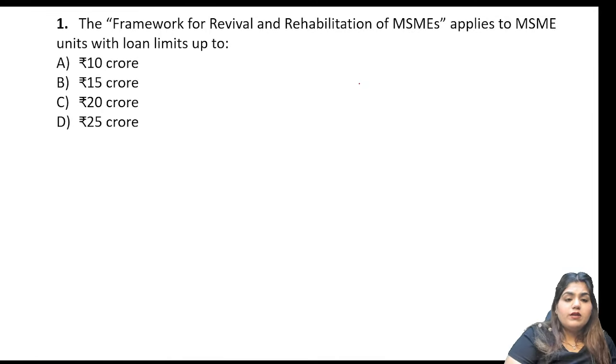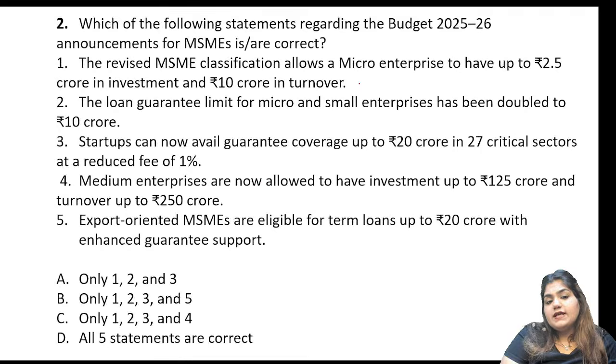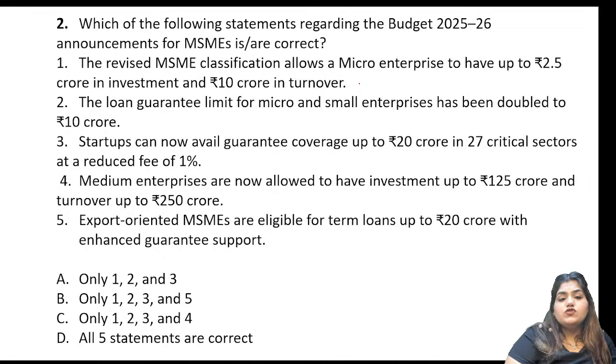Question number 1. The framework for revival or rehabilitation of MSME applies to MSME units with loan limit up to 25 crores. Next. Which of the following statements regarding Budget 25-26 are correct? The revised classification of micro is 2.5 and the investment is 10 crore. Yes.